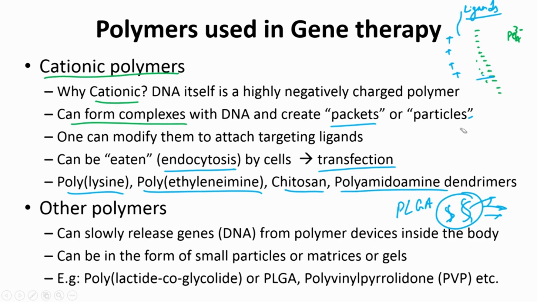So, that is one issue, but then you can still use it. These can slowly release this gene once they go into the body. You can make various sizes as we discussed already with the PLGA particle. You can make matrices, you can make gels, and some of the polymers that are used are PLGA, PVP, etc.